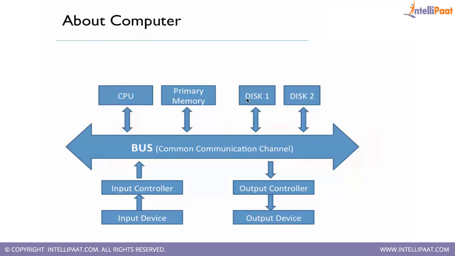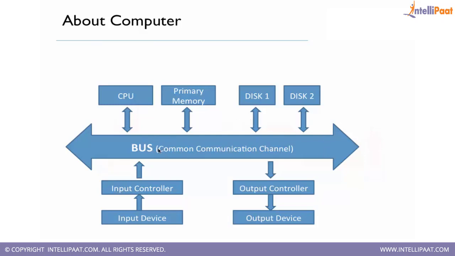Then we have physical or the external hard disks. So these all comprise the storage, where this is the primary memory, which is RAM or cache, and this is the secondary memory, which is the external hard disk.